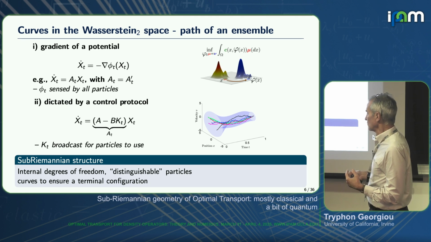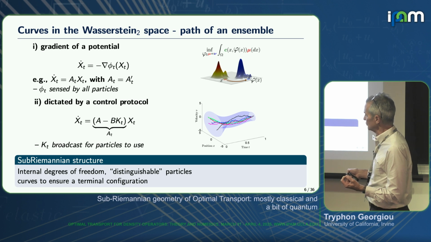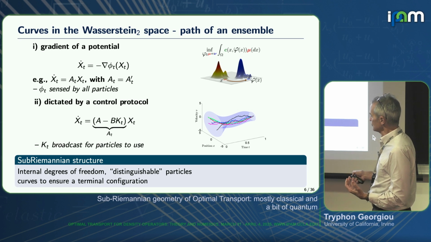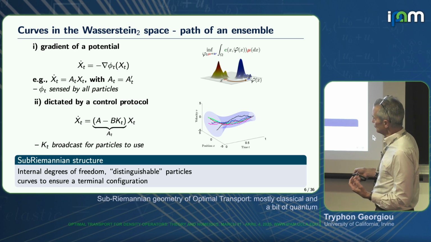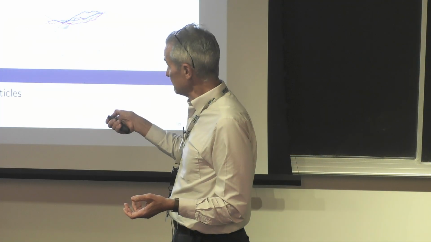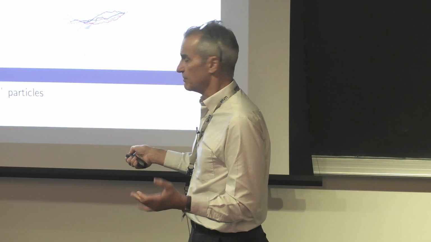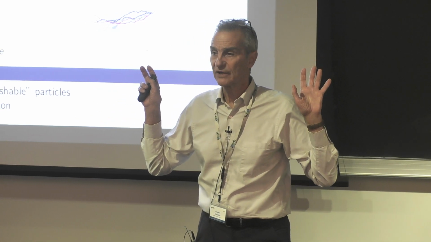So for control purposes, it is very useful to think that you have a drift which you cannot do anything about, and then you have certain directions that you can regulate. This is very important for various reasons. And both of those, you can think of them as a control problem to steer the particles, either by a gradient of potential or by a feedback gain, which is broadcast to all the particles and everybody is using it, okay?